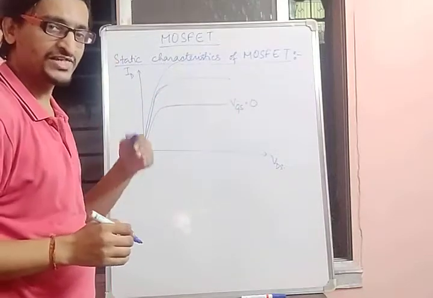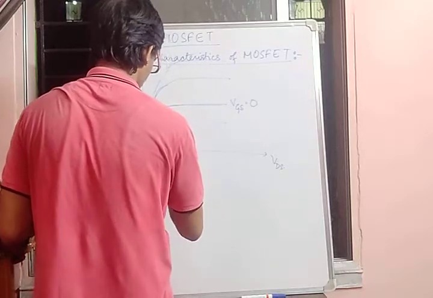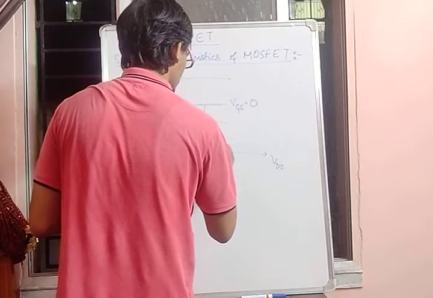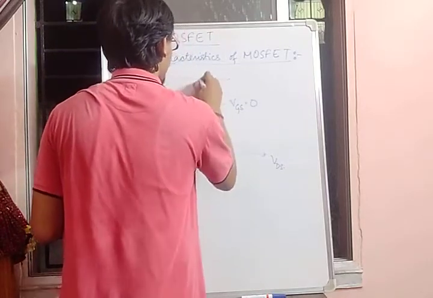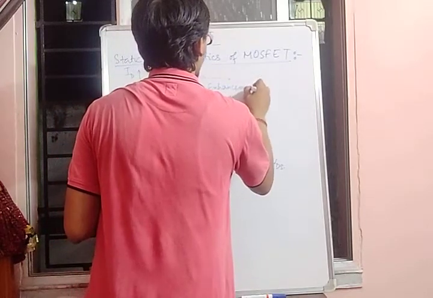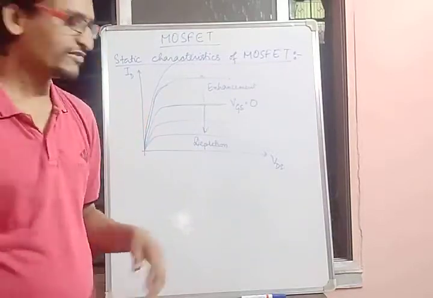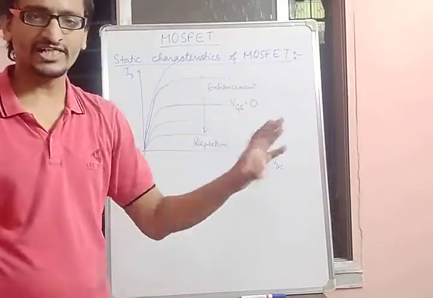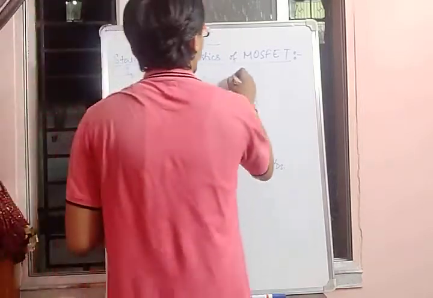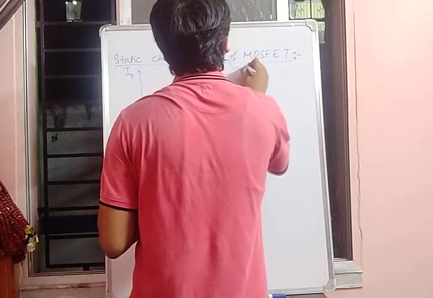On the other hand, if I make VGS positive, here it's working in the depletion mode, and here it's working in the enhancement mode. If you make the gate voltage more and more negative, it will work in the enhancement mode, and the conductivity of the channel will go on increasing. Say here VGS is minus 5 volt, here VGS is minus 10 volt.